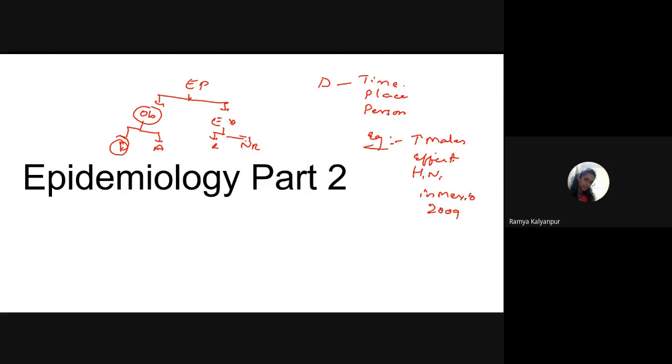What does it mean? Here we are describing this swine flu in terms of time: when was it, 2009. Then place: Mexico. Then person: who are most commonly affected, males.